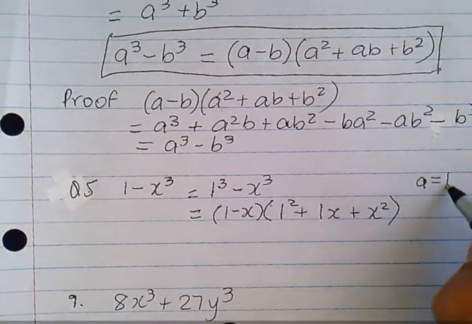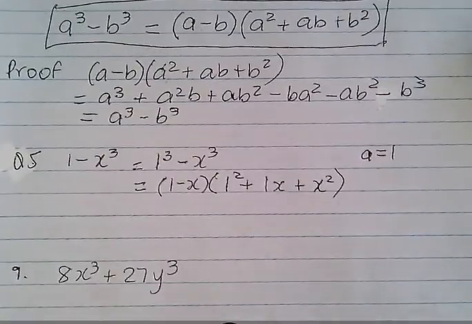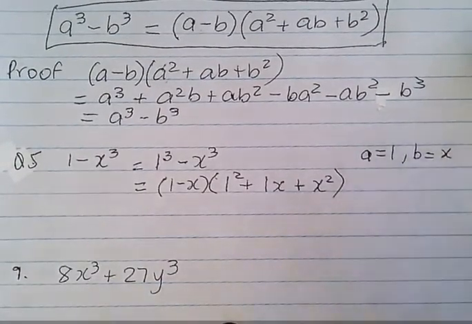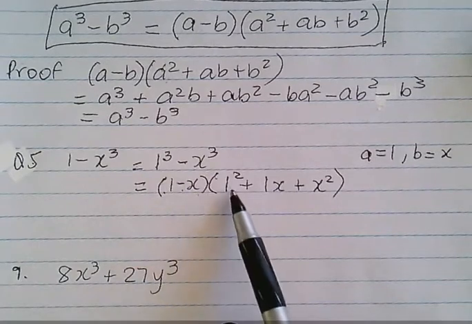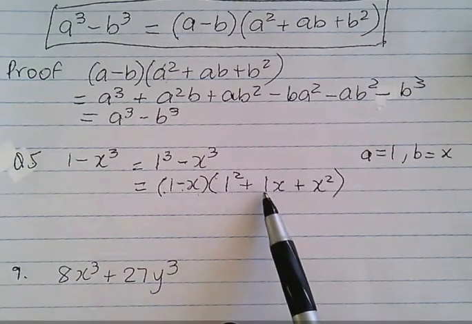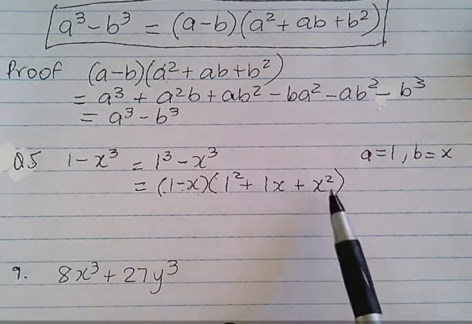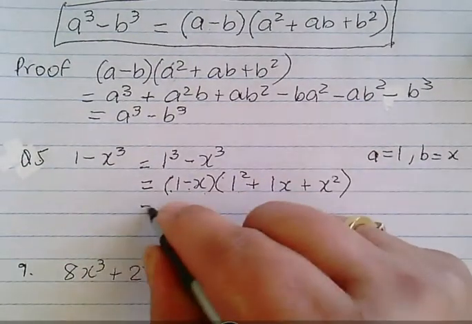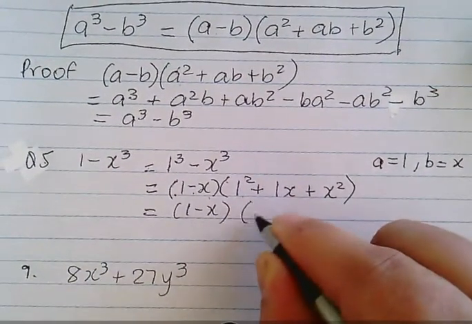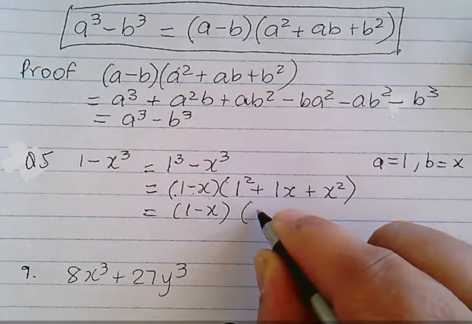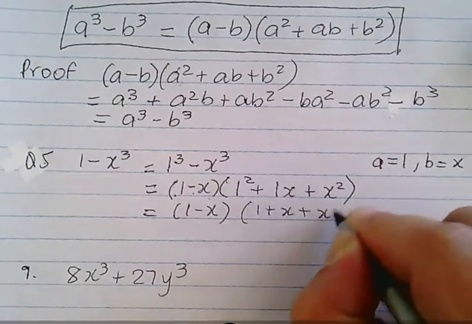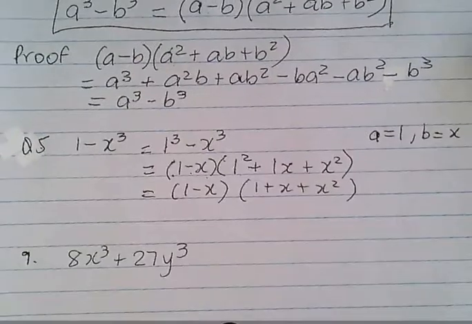I'm just going to write here that a is 1 because it's new, and b is x in this case. So we've got a minus b, a squared plus ab plus b squared. So therefore it is 1 minus x, 1 plus x plus x squared. And that's fine, you don't have to write the x squared term first or anything.